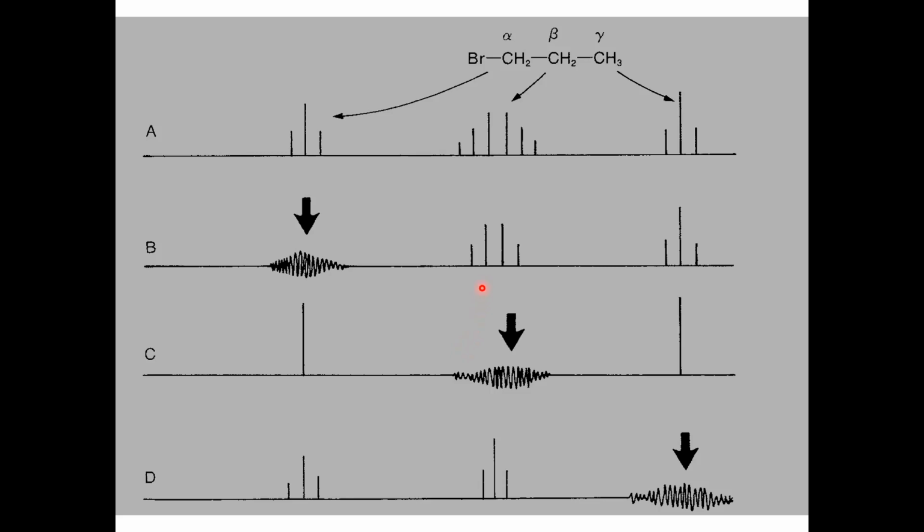If we irradiate the beta methylene group, the decoupling will simplify the signals of the alpha and the gamma groups into 2 singlets. If we irradiate the methyl group, we will have 2 triplets due to coupling between 2 adjacent methylene group protons.